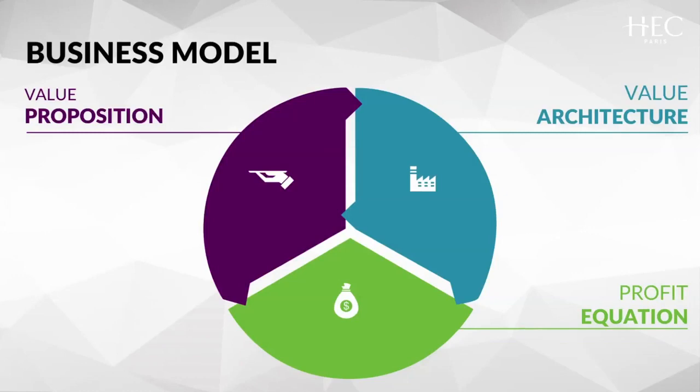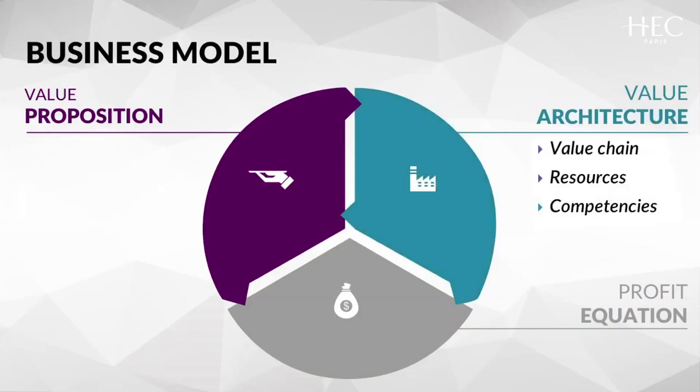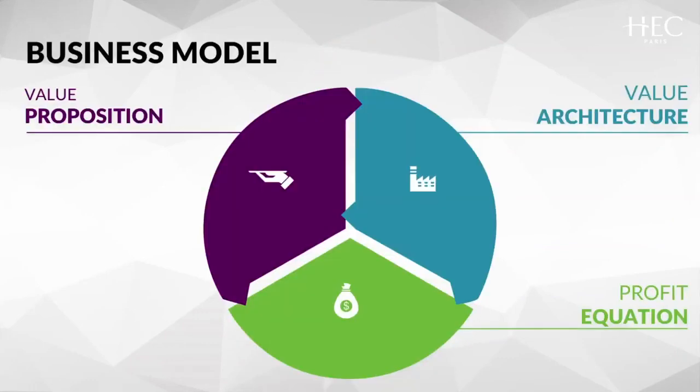You can then dig into the detailed components: customer, product and price on the value proposition side, value chain, resources and competencies on the value architecture side, revenue, costs and capital employed on the profit equation, in order to detail your description. Thus, very often, users of both frameworks tell us that they are perfectly compatible. But it is easier to first describe the 3 pillars and then dig into the details.